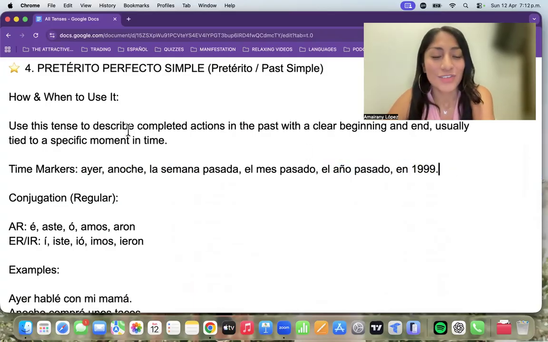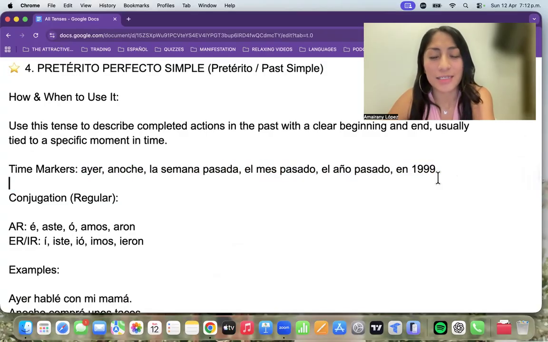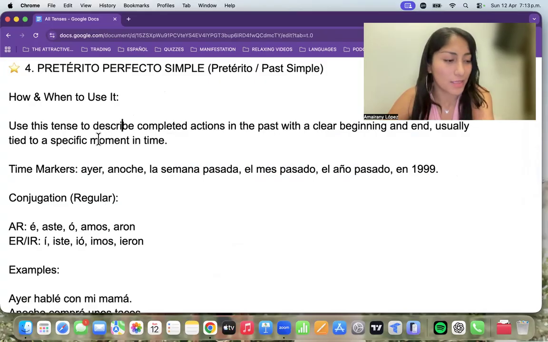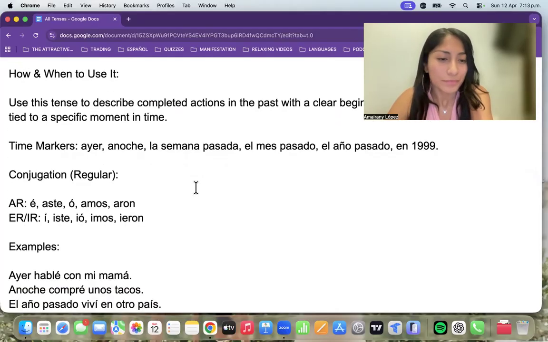Okay? So if you take a quick look at it, if you really think about it, it does give me a clear beginning and an end, right? I know when this action happened. Now, the most important requirement about using this tense is that this action needs to be completed for it to belong to the past simple.